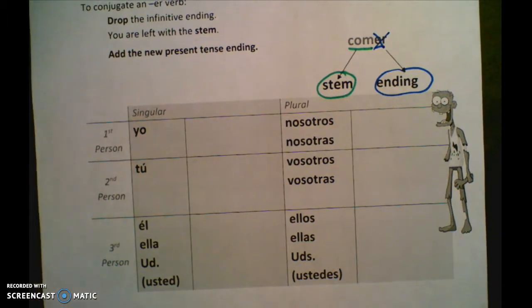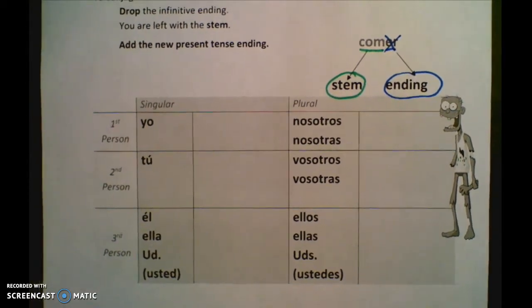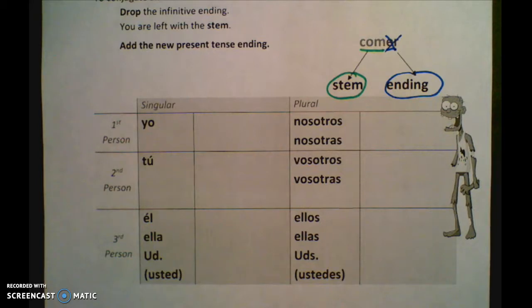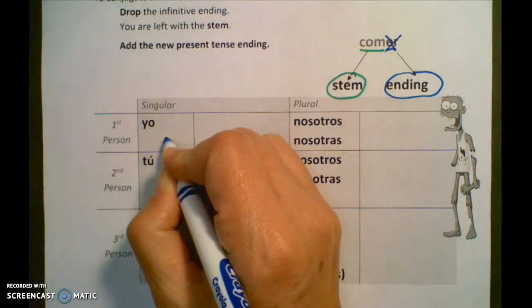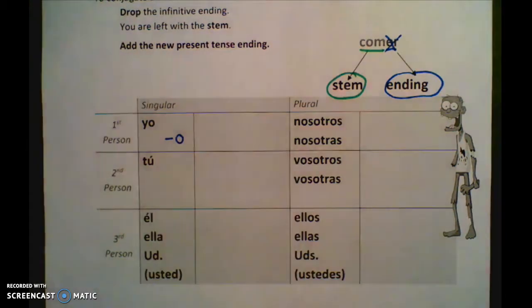You know your AR endings. O, as, a, amos, áis, an. I can see you visualizing karate chopping them out. The cool thing is, ER verb endings are identical, except wherever you saw an A with an AR verb, you're going to use an E with an ER verb. So yo is still o.